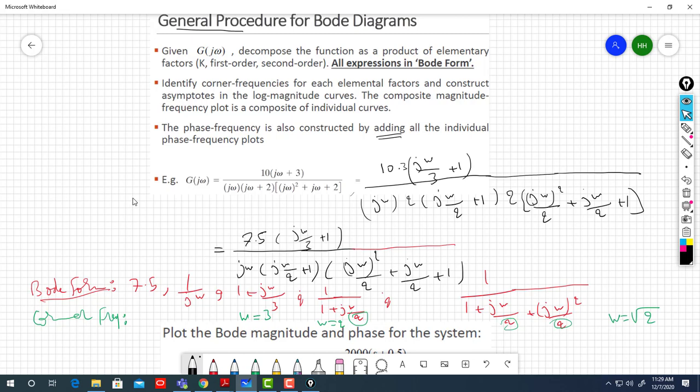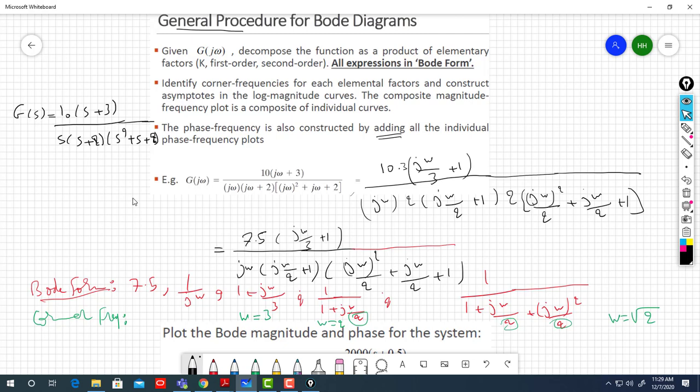So say I give you on the exam this transfer function, G of s equals 10 (s plus 3) over s (s plus 2)(s squared plus s plus 2). You need to draw the Bode diagram for it by hand. It's complex, but we know how to draw for a constant, a derivative, an integral factor, and a second order system.